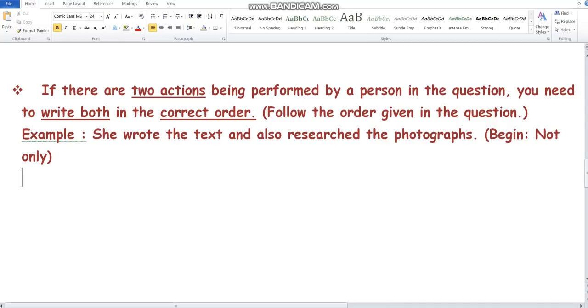If this is the question, first of all, the words wrote and researched indicate that the sentence is in past tense. Hence, the answer will be in past tense.